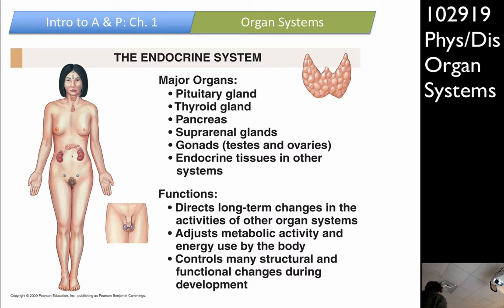So the axial is the central part, and the other is called the appendicular, because it has the appendages. And within the axial body, there are some other words you're going to hear: ventral and dorsal.